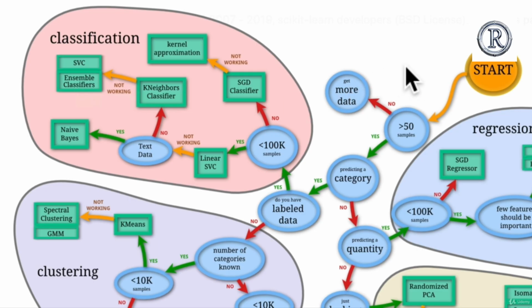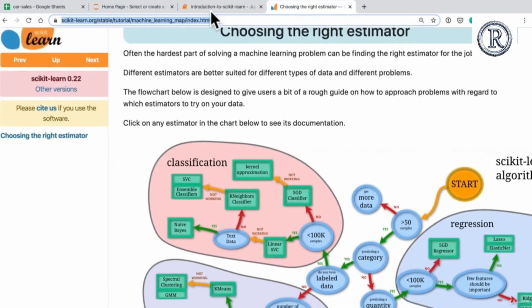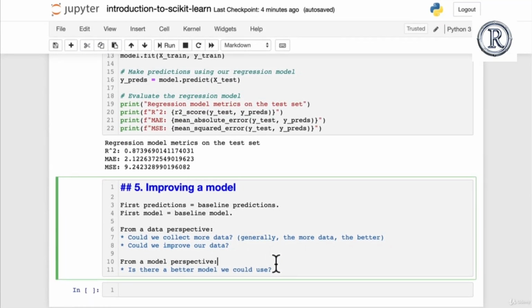And so this is where you'll hear the term simple model versus complex model. Linear SVC is often referred to as a simpler model, and then coming up here to ensemble classifiers, because it harnesses the power of lots of different models, they're referred to as more complex. So that's kind of what we've already tried, right? We started off with a simpler model and then we moved to something more complex with the random forest.